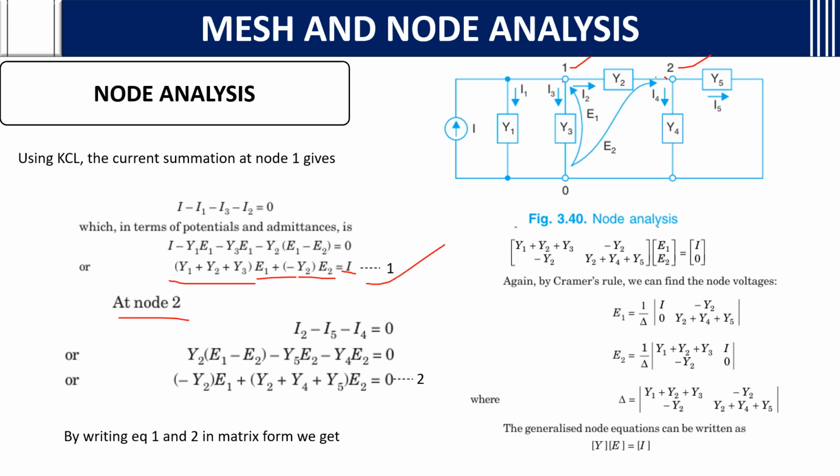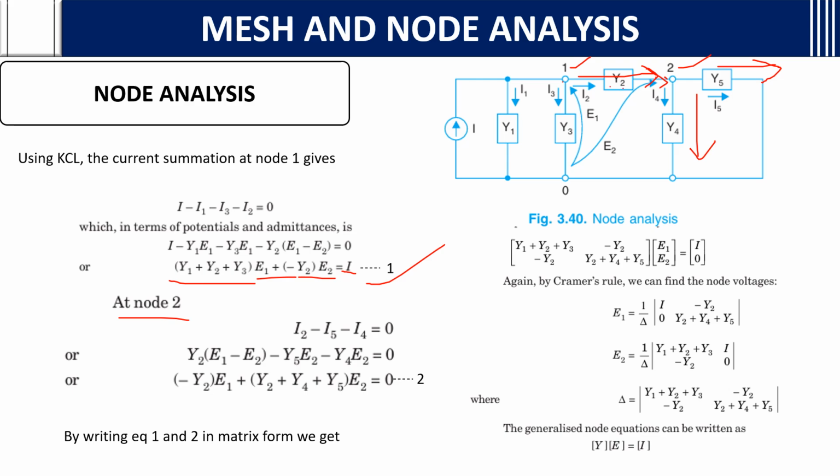At node 2, what happens? If you see, the current I2 is going towards the node, so it is plus I2, and I4 and I5 are going outside of the node, so minus I5 and minus I4 equals 0.